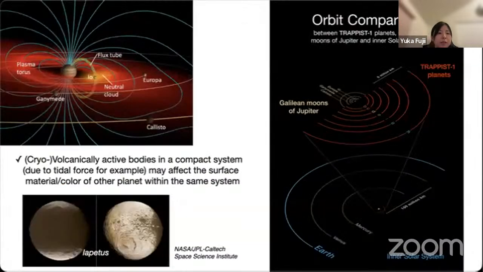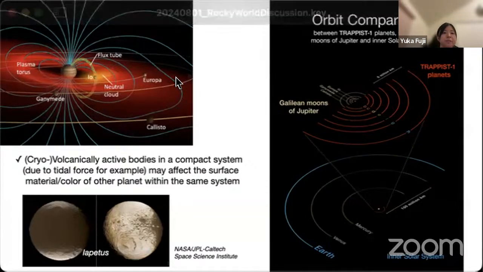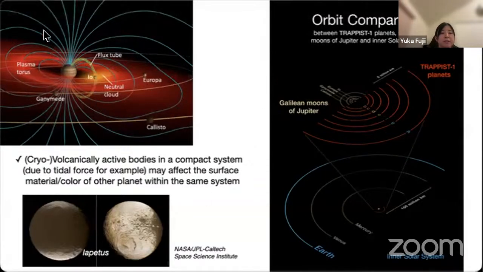This figure shows such a configuration. And this observation suggests that a volcanically active body in a complex system may affect the surface materials or the colors of the other planets within the same system.